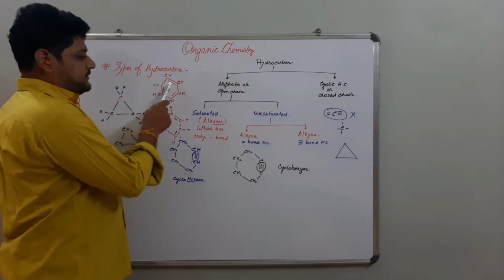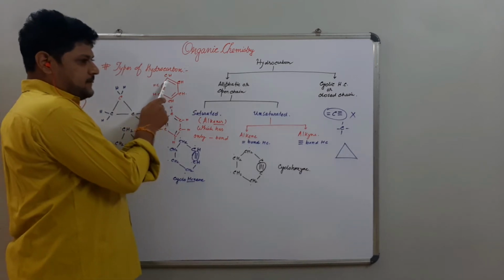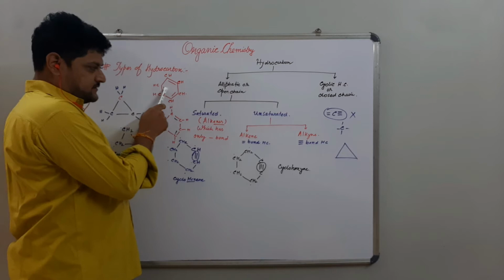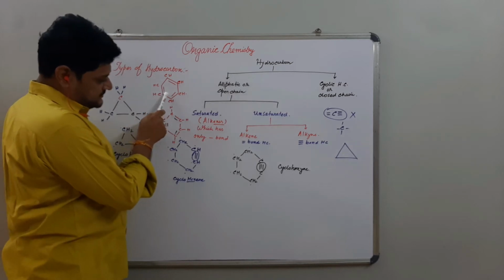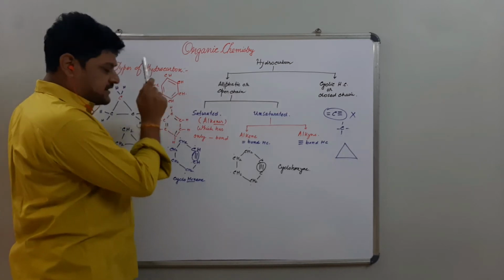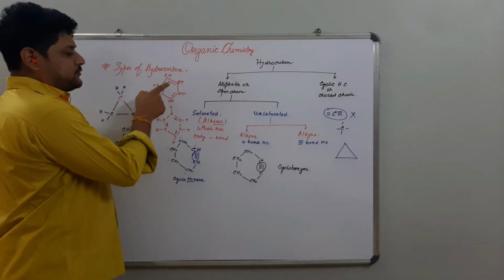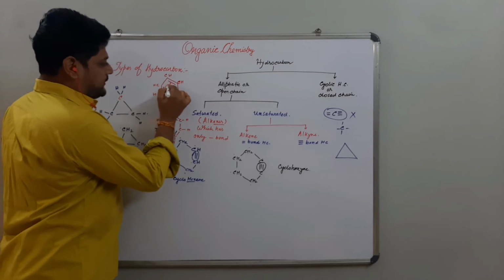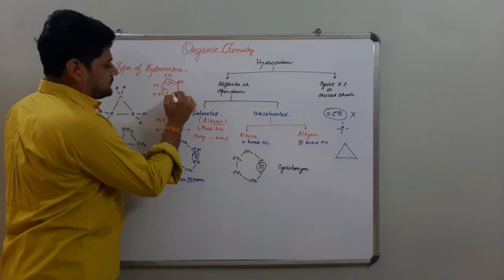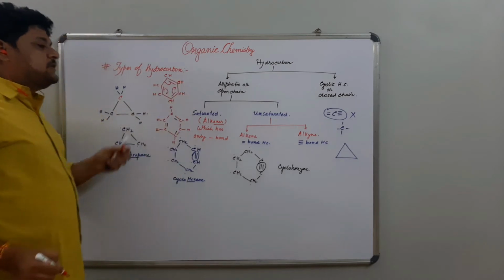It means if here is a double bond, then next is a single bond, again a double bond, next single bond, next double bond, next single bond, like this. So these double bonds can shift from here to here, and from here to here also.